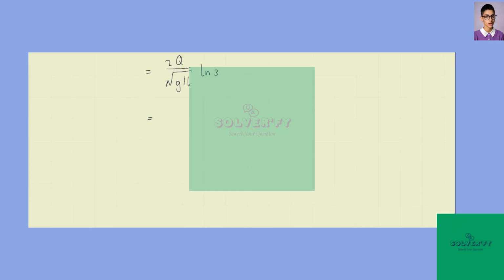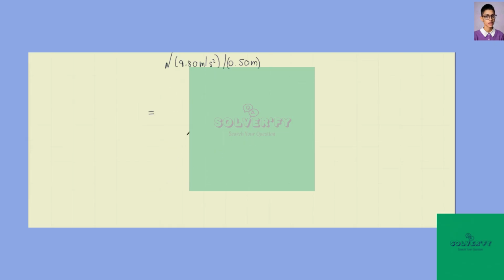And so this time that it takes the amplitude to decrease by 2/3, if we substitute our values, is 2 times 350 divided by the square root of 9.8 meters per square second over 0.5 meters, and all of this multiplied by the natural log of 3.